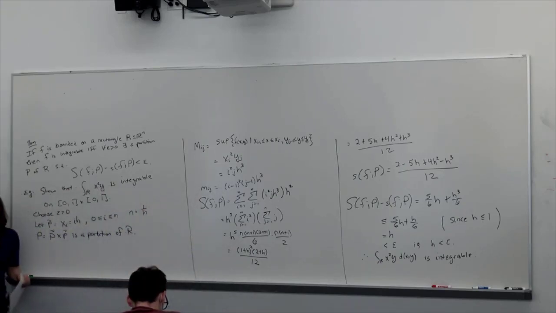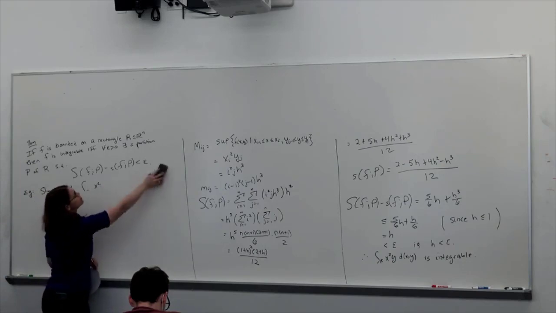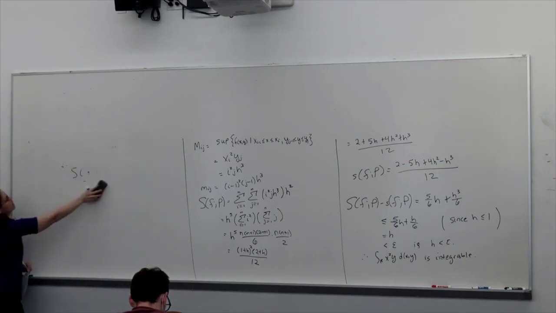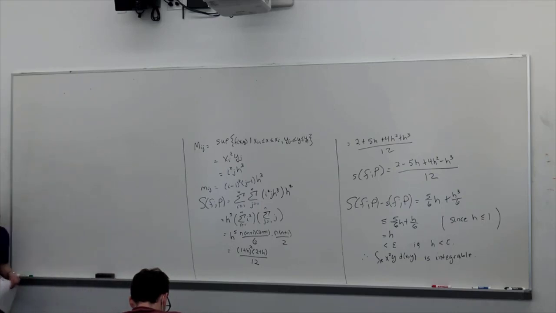All right, the other result that I'm going to just write down without proof, and we already talked about this a little bit last class, is that continuous functions are integrable. And I don't need to prove this because the proof is identical to what it was in 1D.